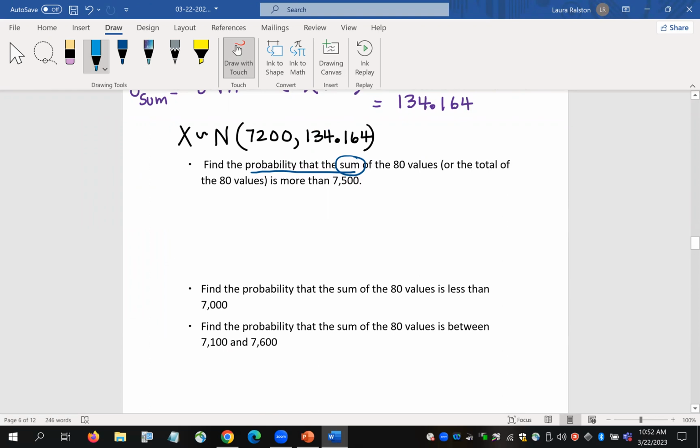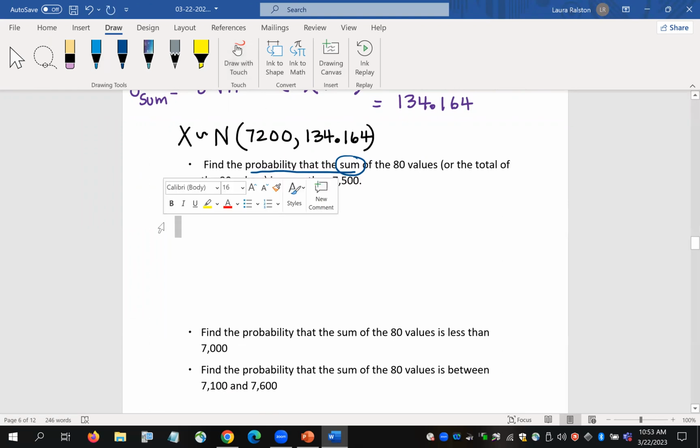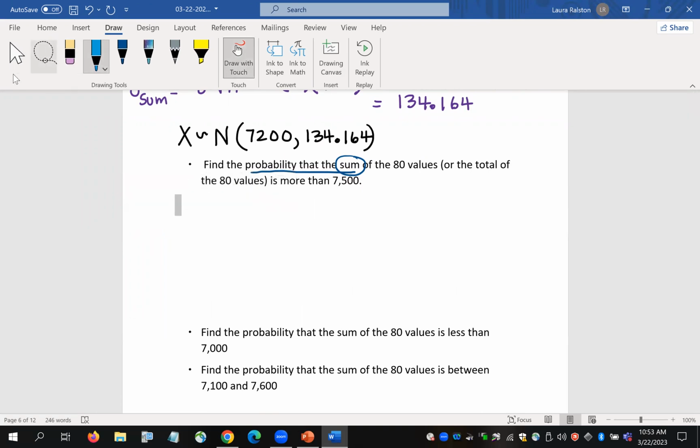So the first question says, find the probability that the sum of the 80 values, or the total of the 80 values, is more than 7,500. So again, if I'm thinking about my graph, I know I now have a normal distribution. I know that the mean of the sum is 7,200.